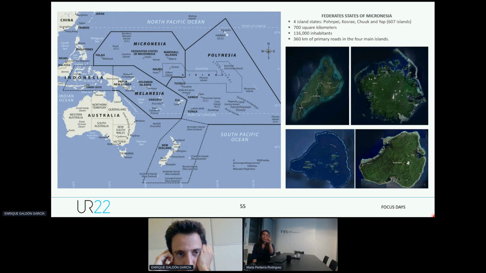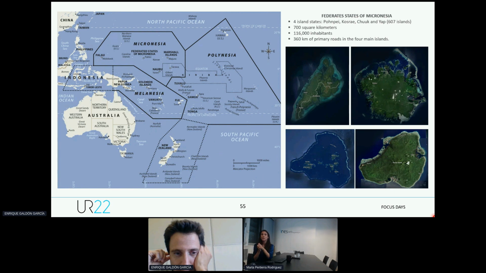Then down from Yap, we have Chuuk, and the main island, as you can see, is a lagoon that is protected by atoll islands all around and has some central islands in the middle. Then top right, we have Pohnpei, which is the capital state of the Federated States of Micronesia, and down right we have Kosrae.